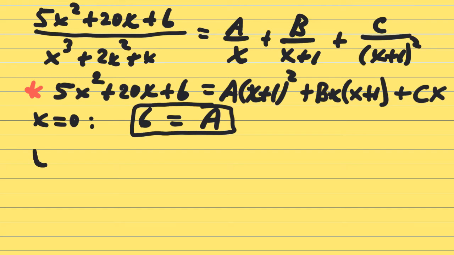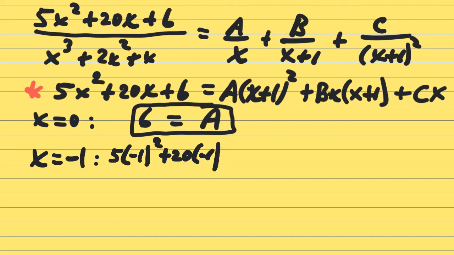Now let's go with -1. Go back through the red asterisk equation. Replace all your x's with -1. I'm going to write them out this time. That way you can see exactly how it transpires. All right, A is 6, so I can replace that.